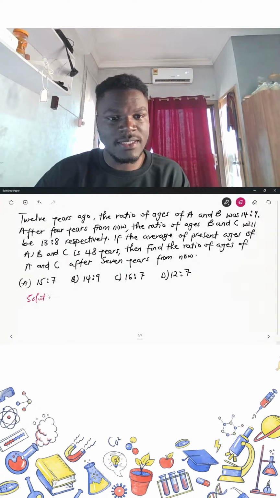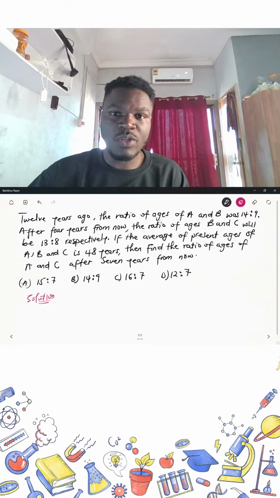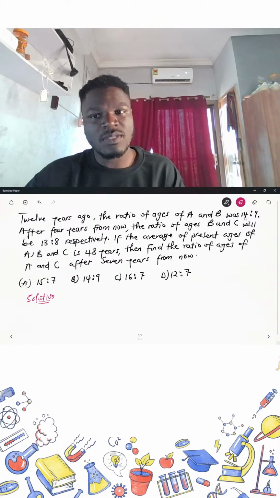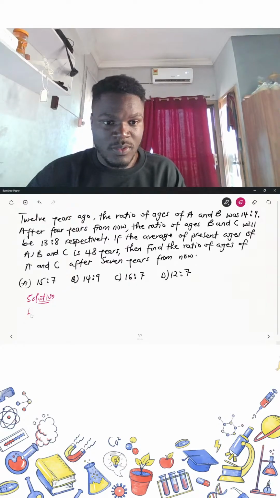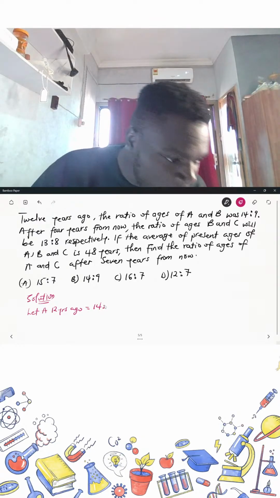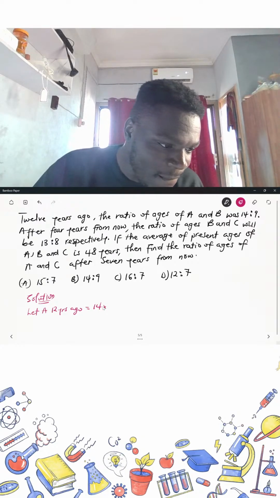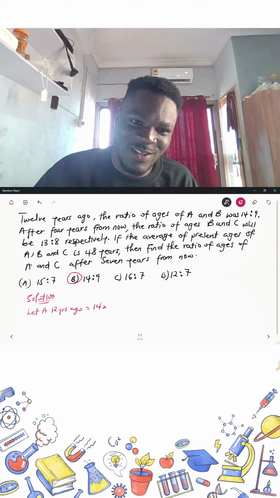So the solution here is, they said that 12 years ago, the ratio of the ages A and B was 14:9. Are you okay? So we'll say let the age of A 12 years ago be equal to 14x. Abel is saying 14:9, which is option B. It is still not correct.